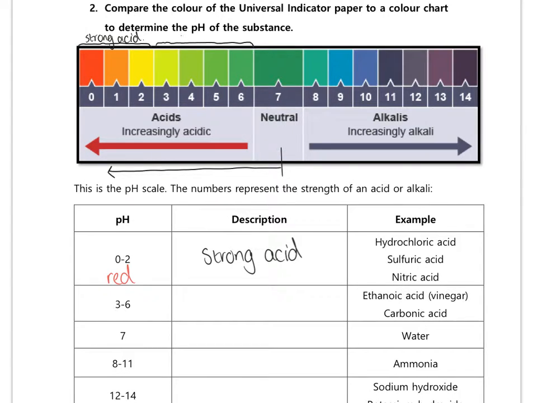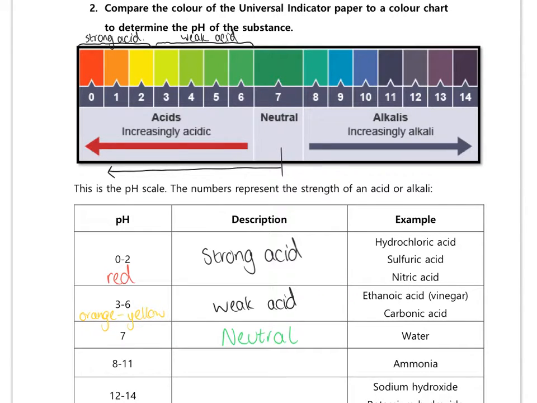And so 3 to 6 we describe as a weak acid. 3 to 6 is a weak acid. And the colours of that would be your sort of yellow-orange colours. So orange through to your yellow. Okay, 7 is the midpoint, which is neutral. So 7 we describe as neutral. Be careful of your spelling.